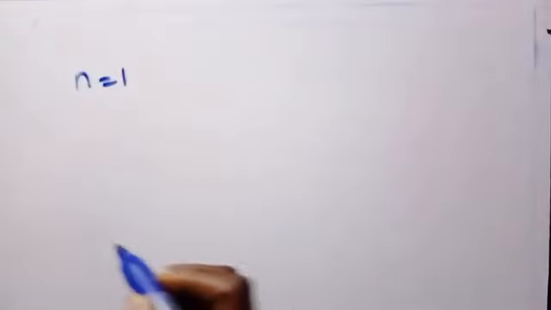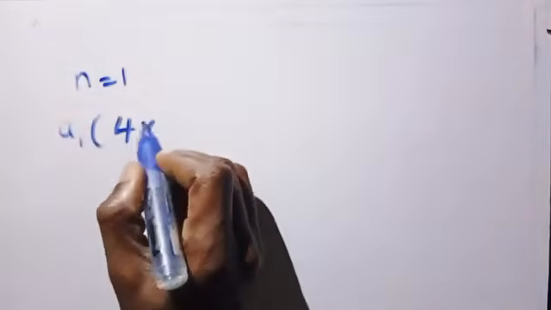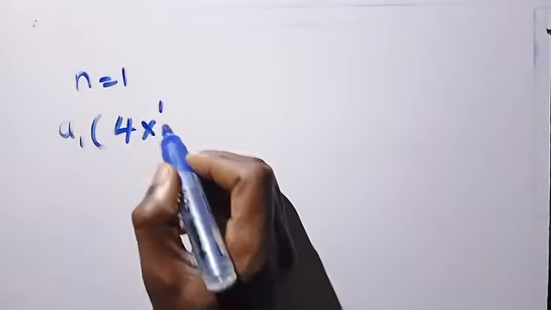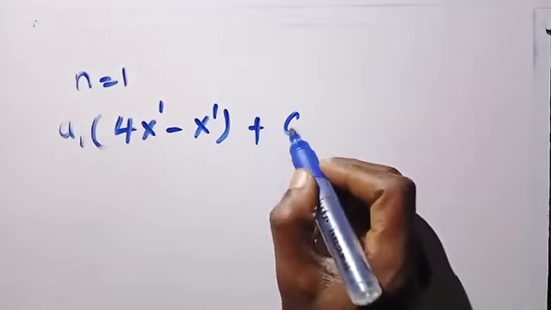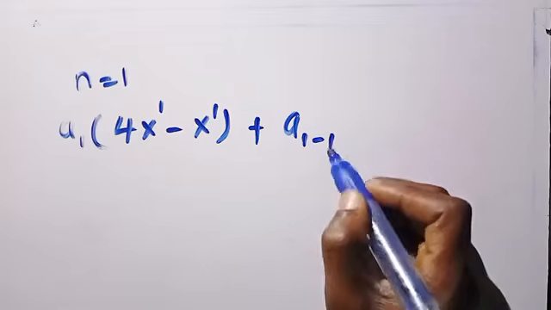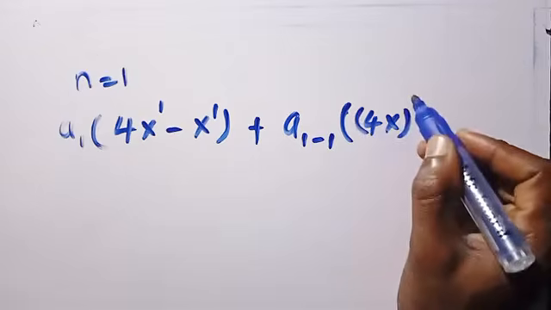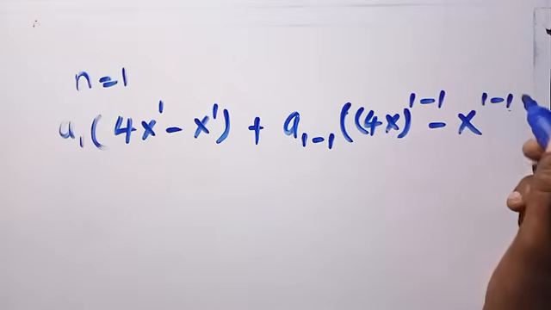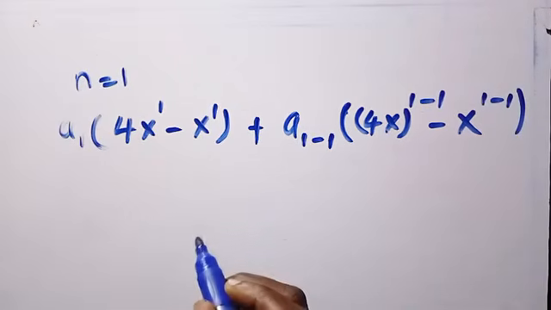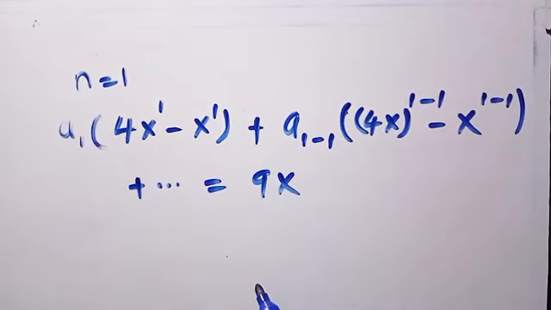If I consider n to be equal to 1, the first equation becomes a1 into bracket of 4x raised to power of 1 minus x raised to power of 1, then plus a1 minus 1 open bracket 4x all raised to power of 1 minus 1 minus x raised to power of 1 minus 1, and this continues plus dot dot dot, then everything equals 9x.